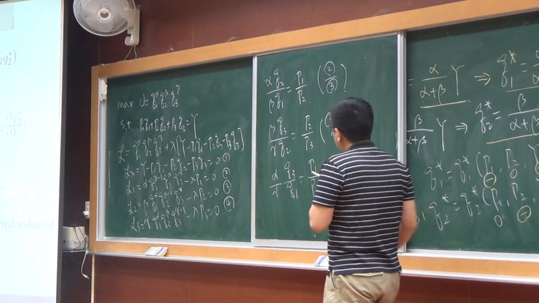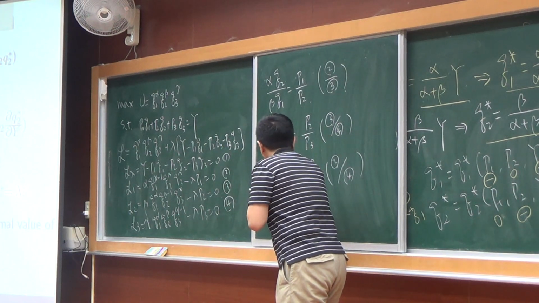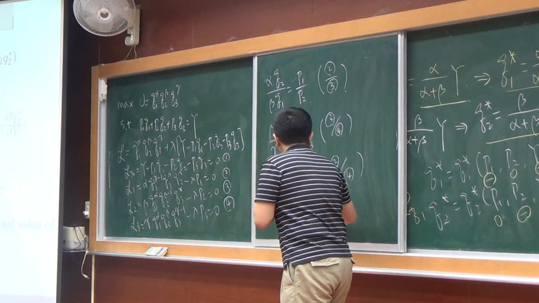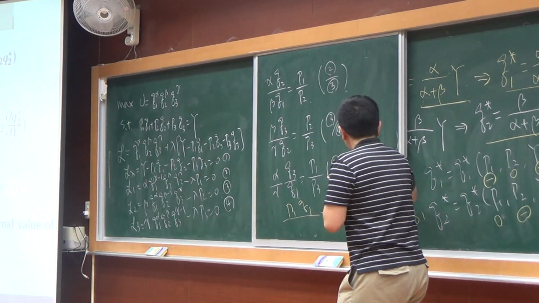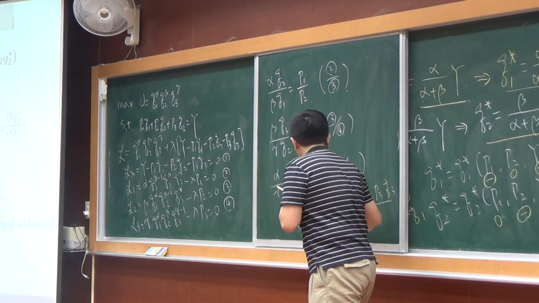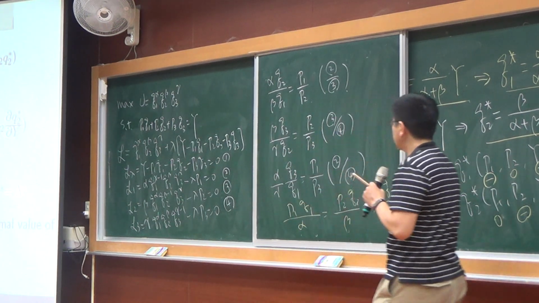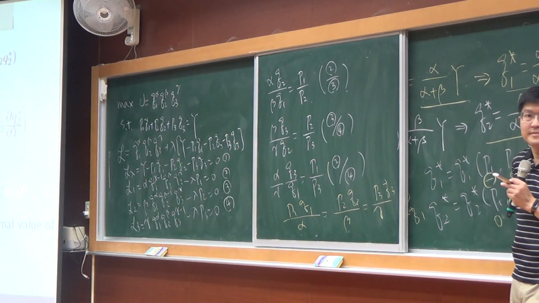All right. So we may easily have the conclusion that P1 Q1, P2 Q2, P3 Q3 are in proportion. Right?